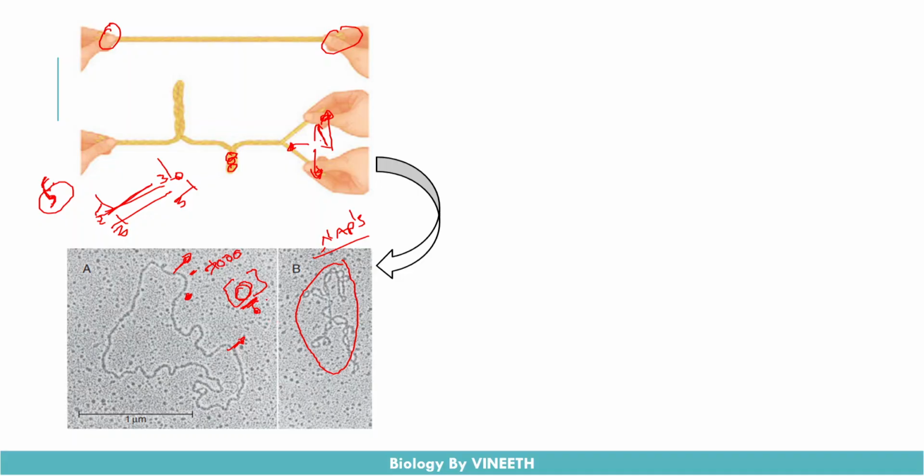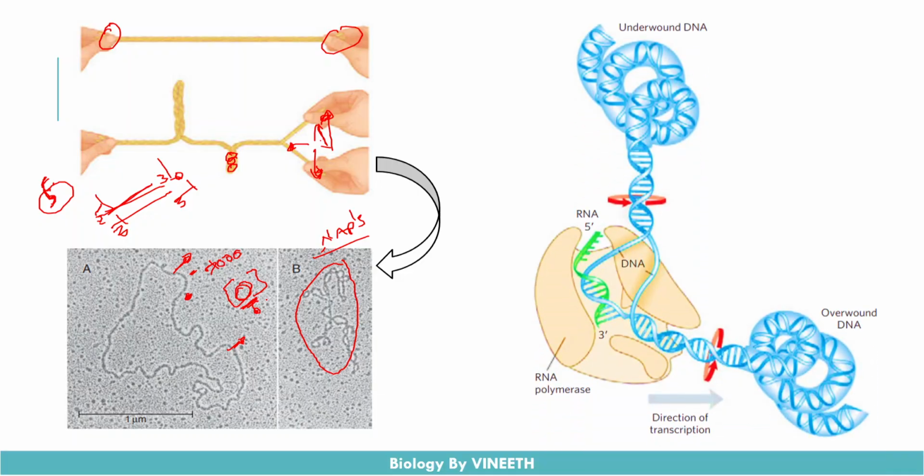It not only plays a major role in bacteria but also in eukaryotic cells, where transcription and replication are going on. Whenever transcription or replication happens, the helicase molecule, which is involved in separating the DNA strands, runs in the 5' to 3' direction, the forward direction.